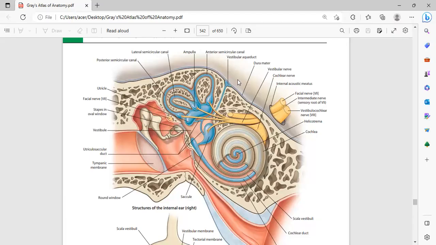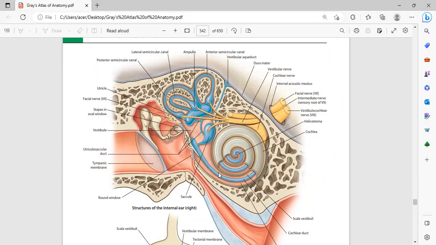Okay, so that is the osseous labyrinth. So now let's talk about the individual parts of the inner ear. First, let's start with the cochlea. The cochlea is a hearing apparatus.